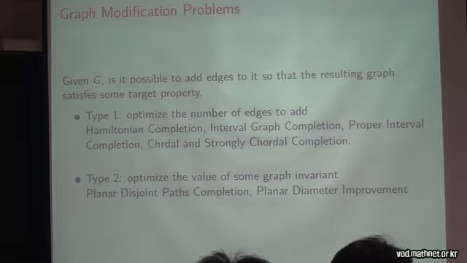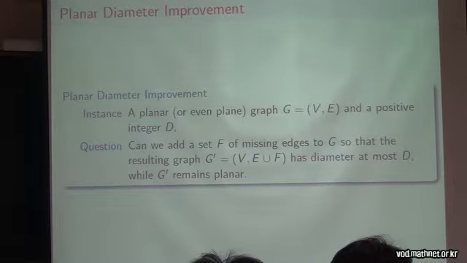Especially planar diameter improvement is such a problem. So what is planar diameter improvement? You are given a planar graph and a positive integer D, and I want to add missing edges so that the resulting graph has diameter at most D. So you want to add links while preserving some topological property.